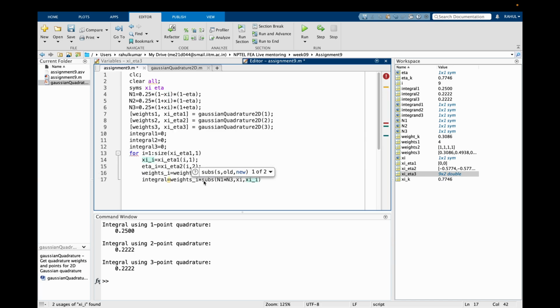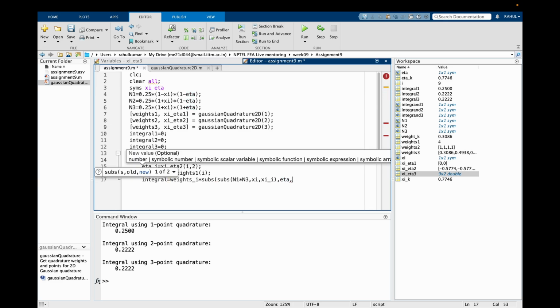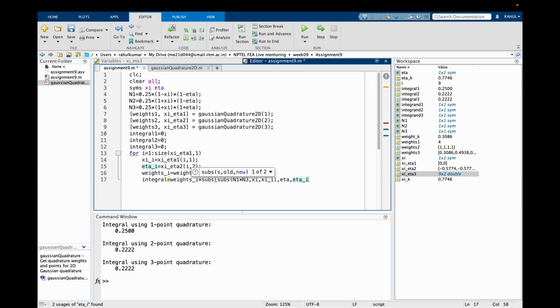Okay, and then we need to substitute eta as eta i.